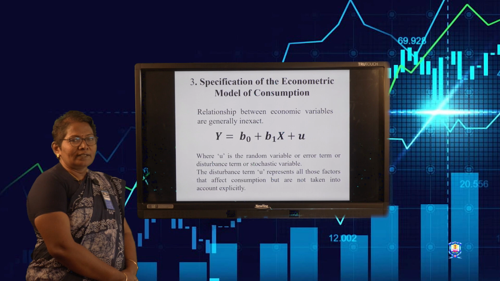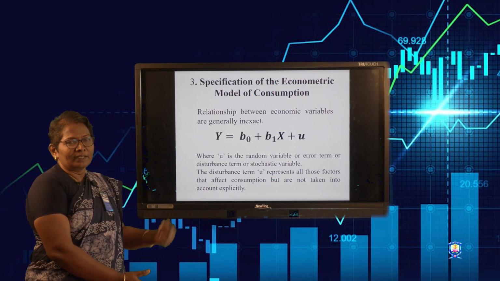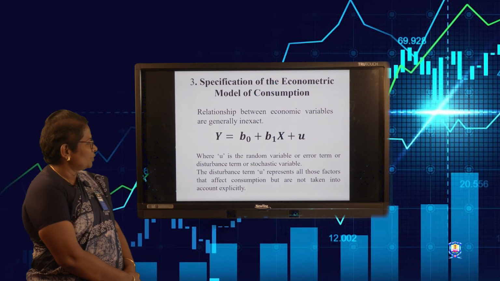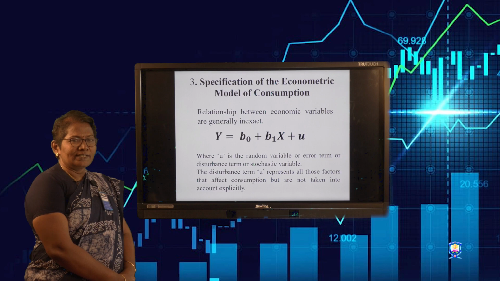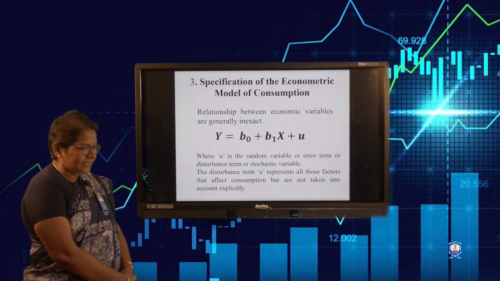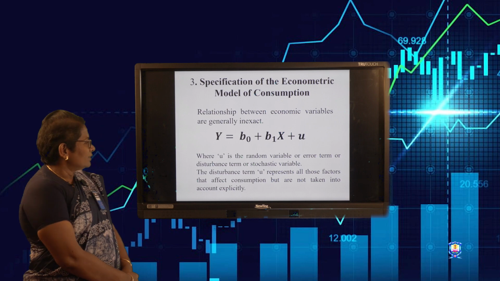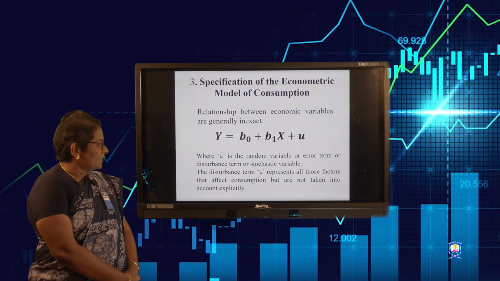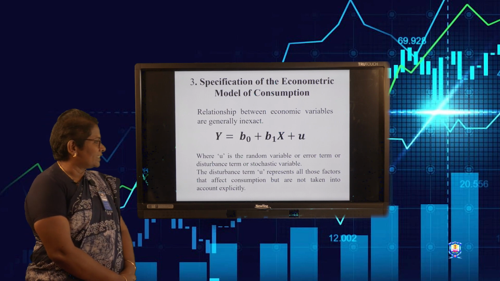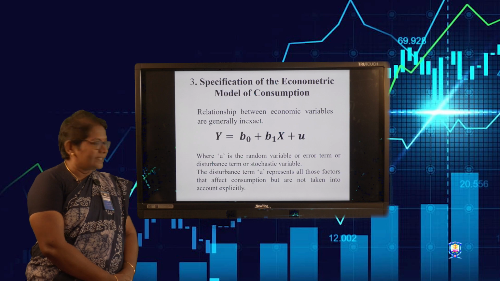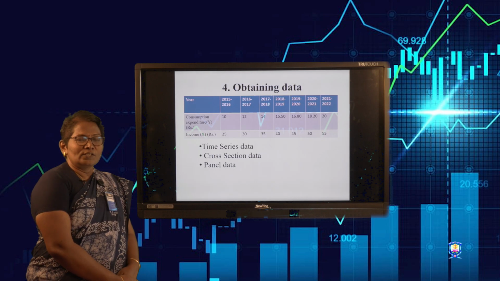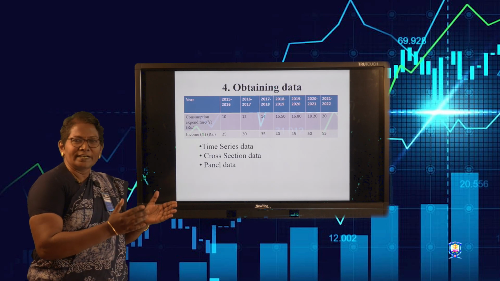So, here an addition has been made to the mathematical expression, that is u. u here stands for a random variable or error term or disturbance term or stochastic term. This disturbance term u represents all those factors that affect consumption but that are not taken into account explicitly. So, now we have formulated an econometric model.